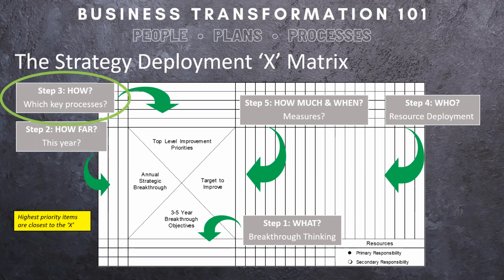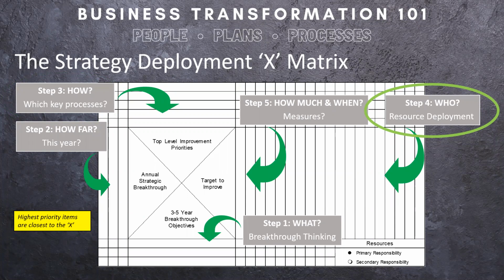Step 3 is how and describes the improvement priorities that will be implemented in year 1 to achieve the annual objectives. The improvement priorities are listed in the 12 o'clock position of the X matrix. Step 4 is who and details the resources that will be assigned to implement the action plans associated with the improvement priorities.